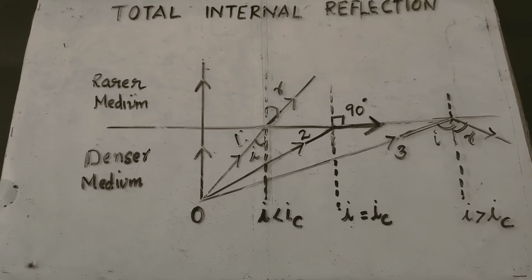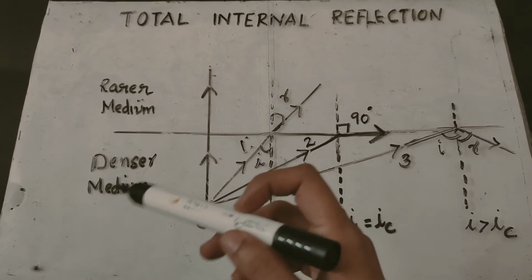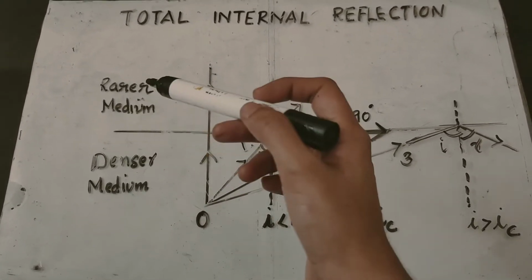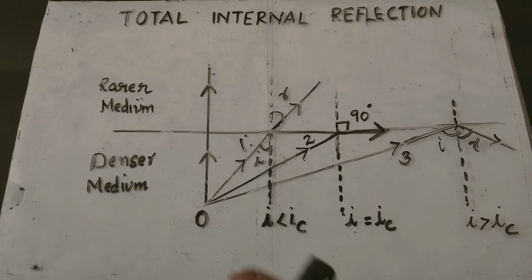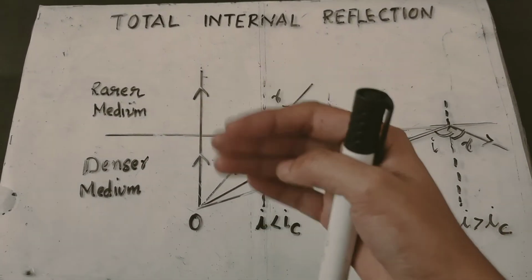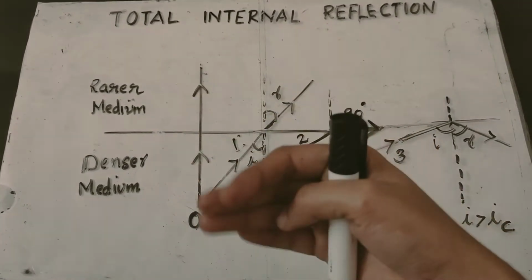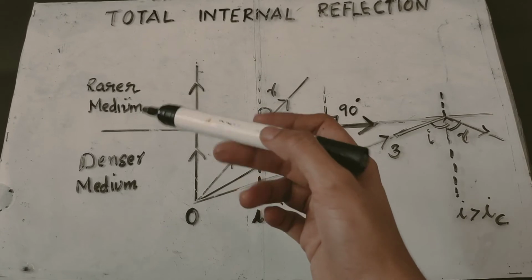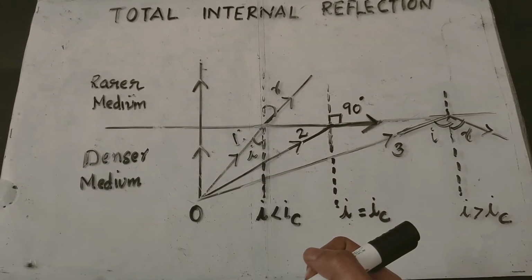Consider this figure and you can see that one of the media is a denser medium and the other is a rarer medium, and this line is the interface. Interface means the surface which separates these two media, that is, it separates the denser medium and the rarer medium.